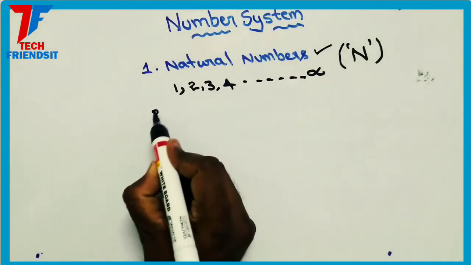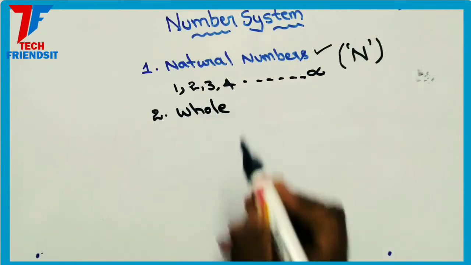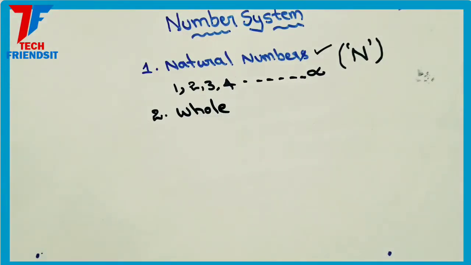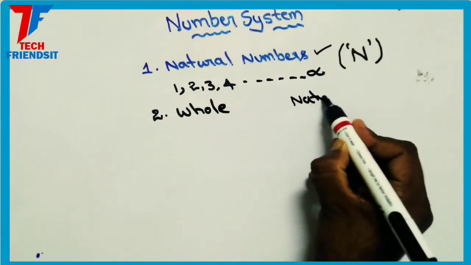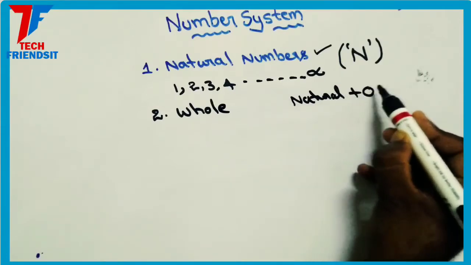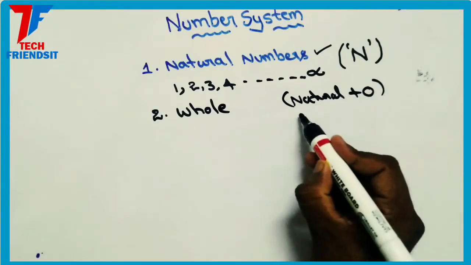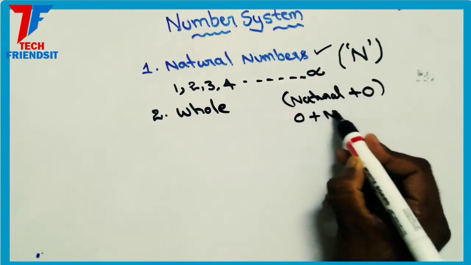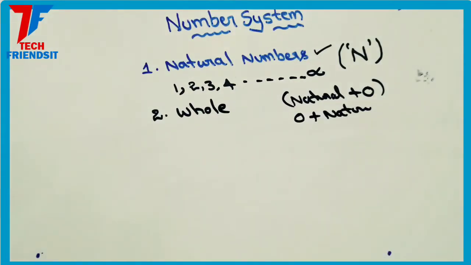Next, we will see what is a whole number. Whole means entire, right? So, natural numbers plus 0. So 0 will come first, plus natural numbers, called whole numbers.